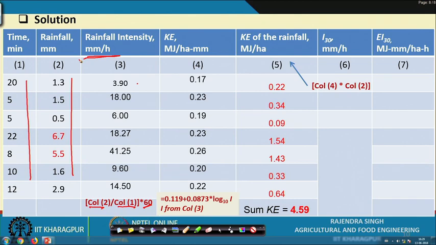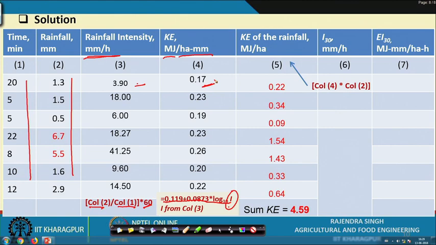And once we know the intensity, we can use the Smear and Smith equation, which is a function of I. Knowing I, using this equation we can calculate the kinetic energy in megajoules per hectare millimeter quite easily. That is what we have done here, for each I, this is the kinetic energy in megajoules per hectare millimeter.